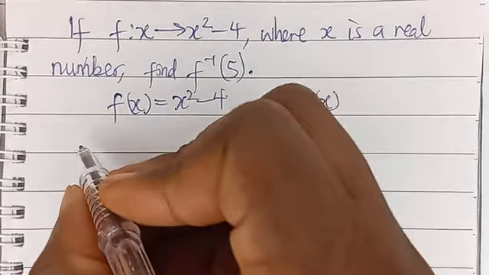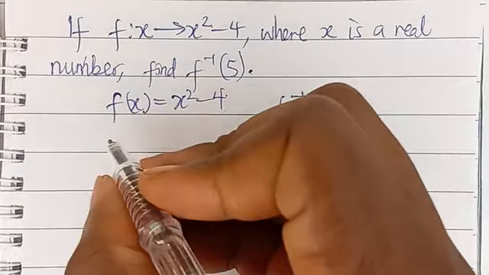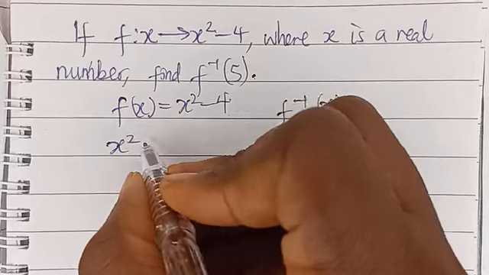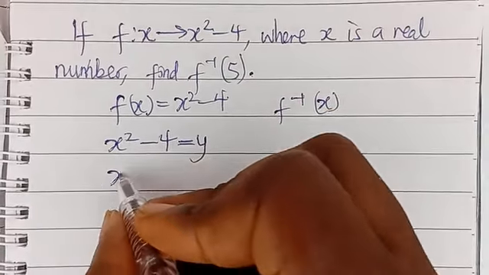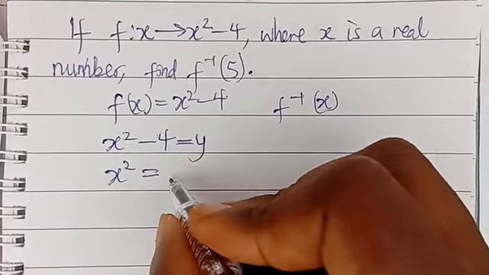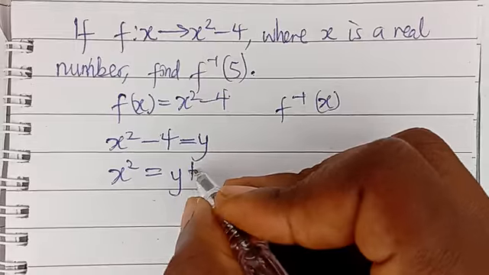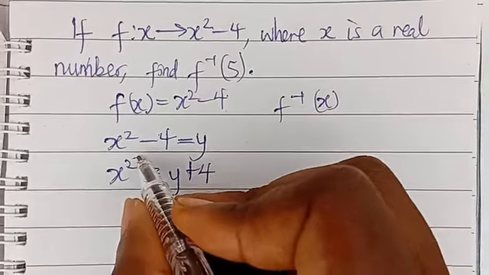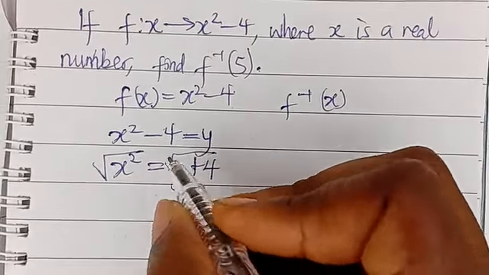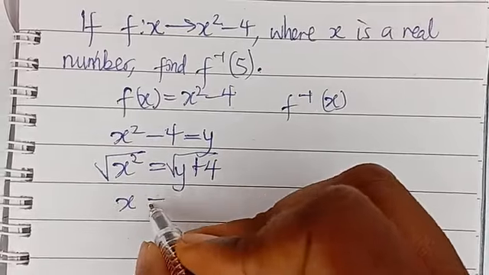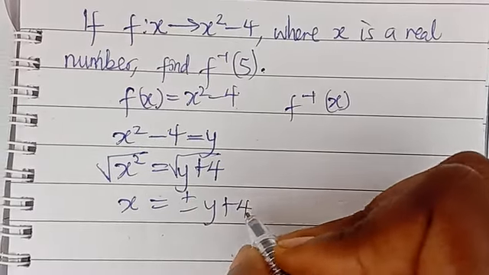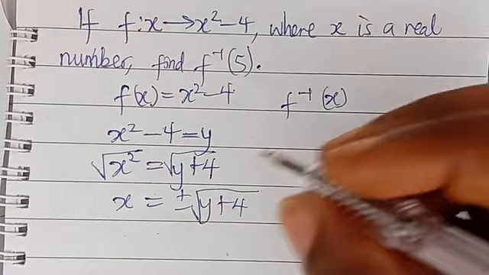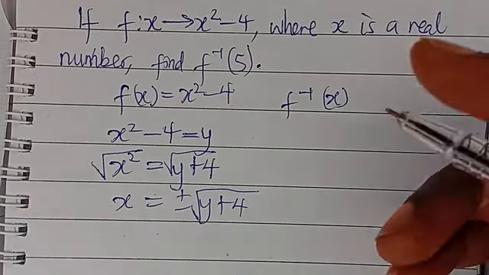To find the inverse, we equate this to y. We have that x squared is equal to y, and minus 4 crosses over to be a plus 4. Then we take the square root of both sides. We have that x is equal to plus or minus the square root of y plus 4.